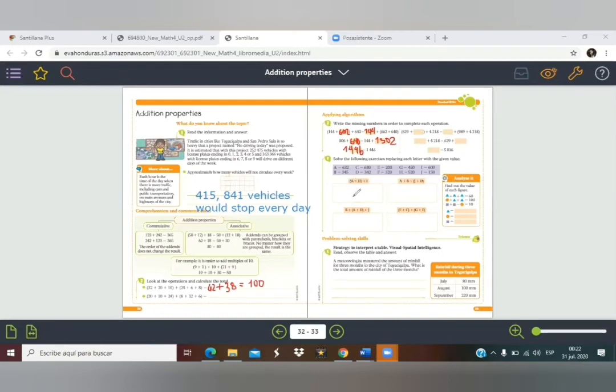For example, the first one we have A plus H. So we are going to write the number that is representing the letter A, 632, plus the H, 520.